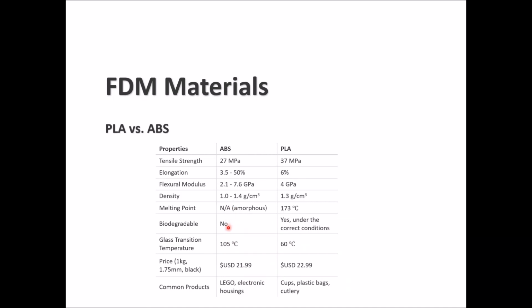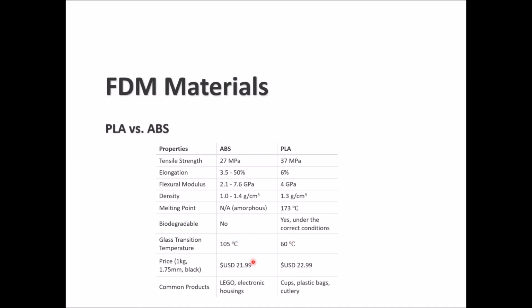For biodegradability, ABS is not biodegradable, if you care about an eco-friendly application. PLA can be, but you need to care about the correct conditions of the application. The glass transition temperature is 105 degrees Celsius for ABS. For PLA it's only 60 degrees Celsius, so ABS wins.